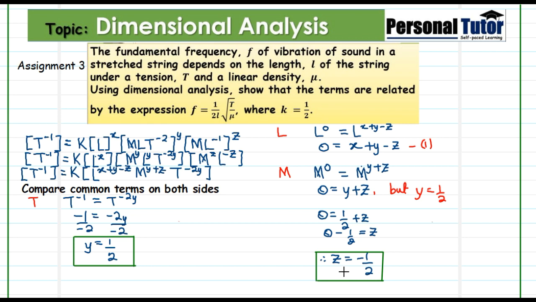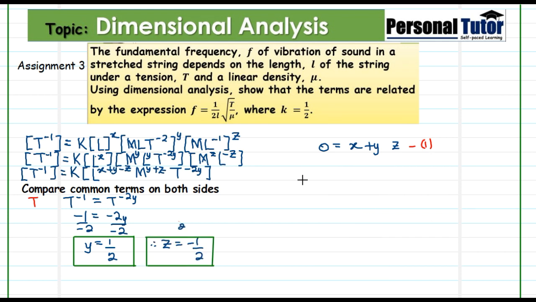Let's then find the value of s from equation number 1. All we need to do is to substitute for y and z into it. That will be 0 equals s plus that of the y, which is half. Then that is minus z.